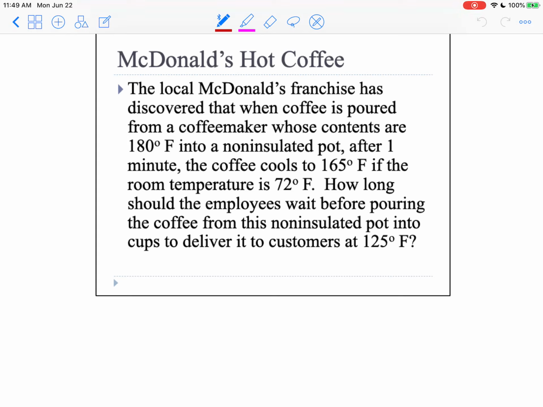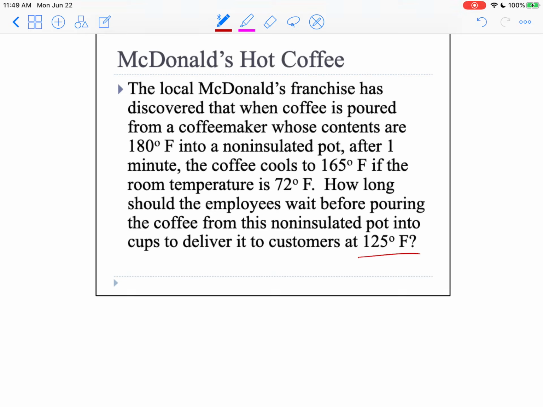And so McDonald's has a lot of reason to be wanting to know about Newton's law of cooling, so that they know that they're giving people coffee at a temperature that is desirable, and in this case that is 125 degrees Fahrenheit.